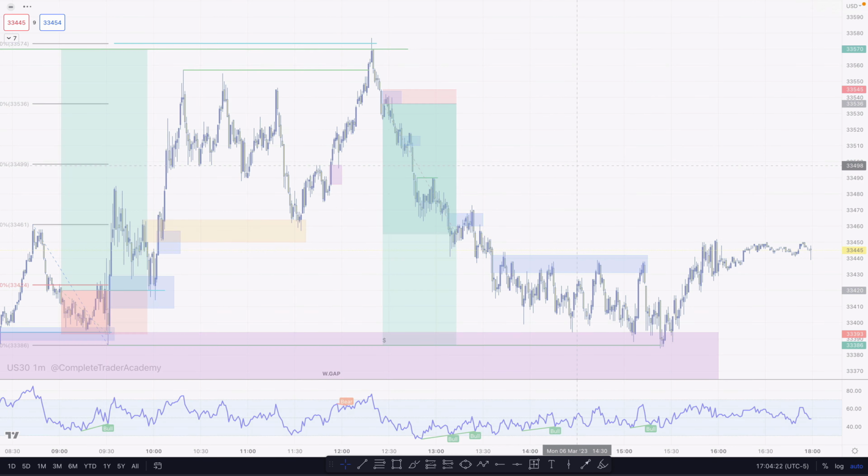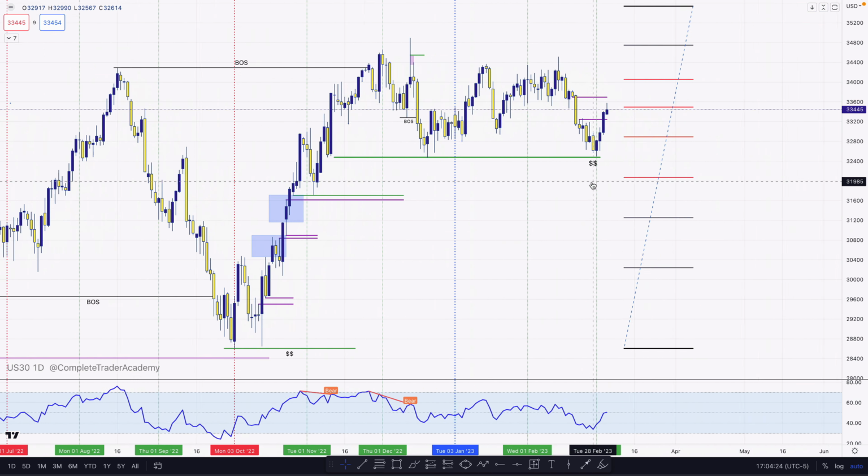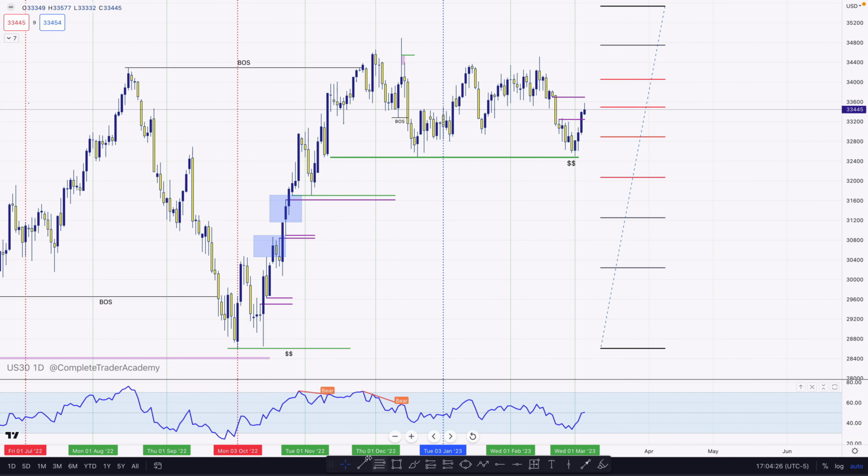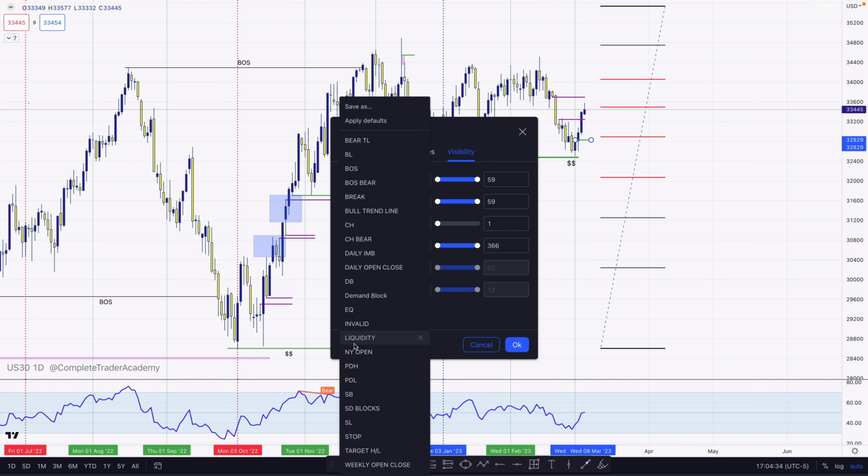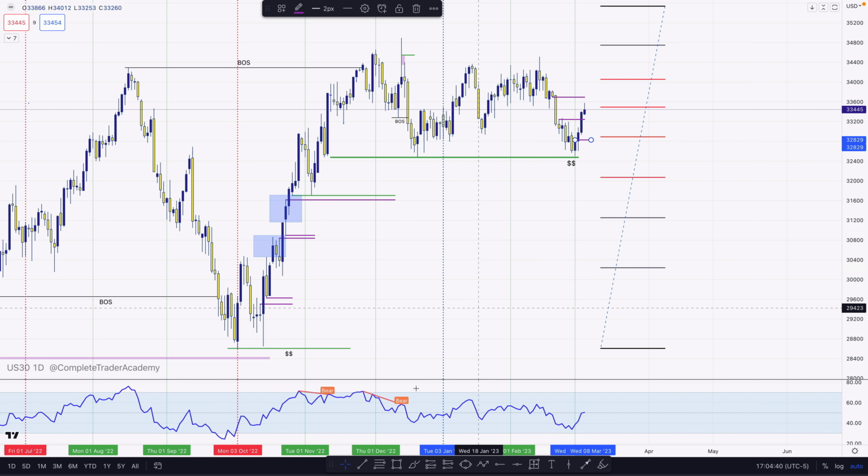As far as the daily chart goes, take a look here. We now have, well, I didn't draw this on Friday, but we have this imbalance here. All right, just give me a second.